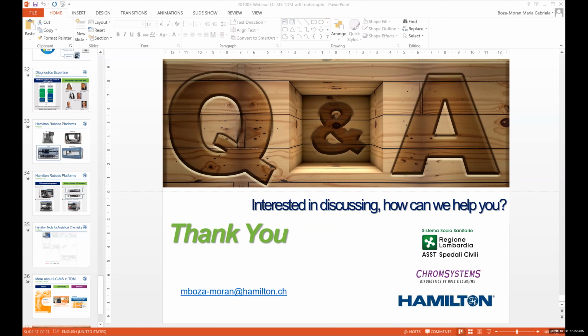And we develop in the Chromsystems R&D department. We have Hamilton platforms, of course, and that's where we are developing the scripts for a certain assay. So this is part of the turnkey solution. The script is also part of the IP, the know-how that we are now integrating in this kit, in this solution.